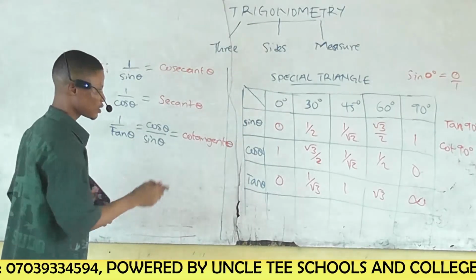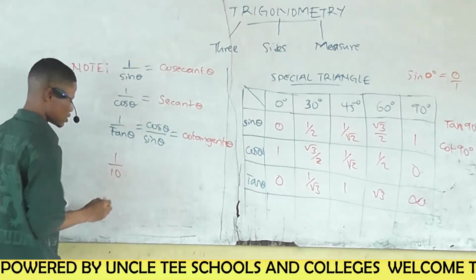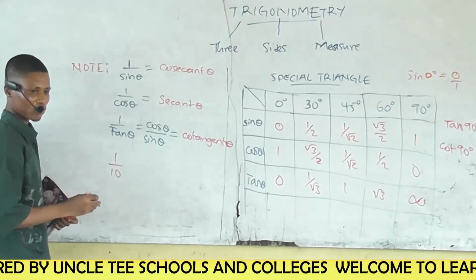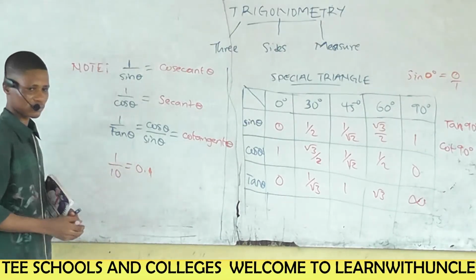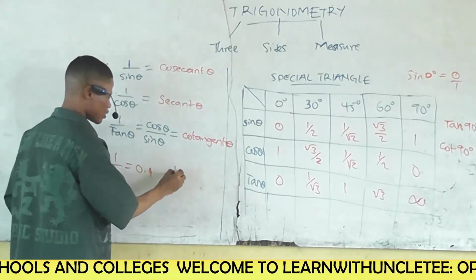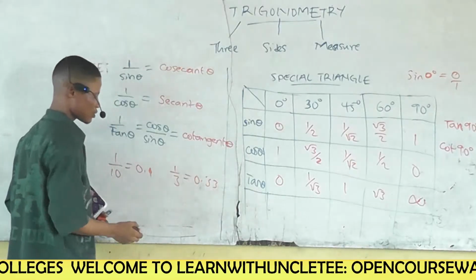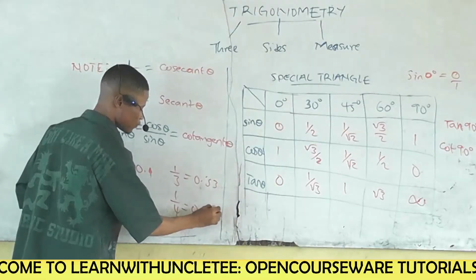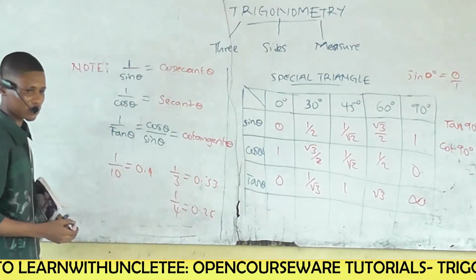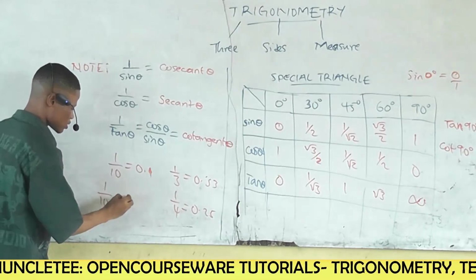If you take that infinity, 1 divided by 10 is what? 0.1. 1 divided by 3 is what? 0.333, right? 1 divided by 4 is what? 0.25. 1 divided by 100 is what?